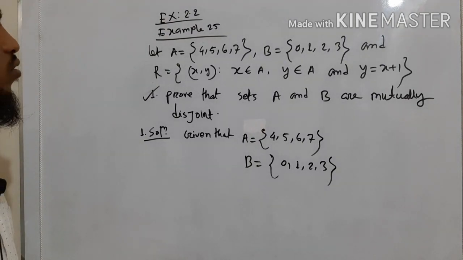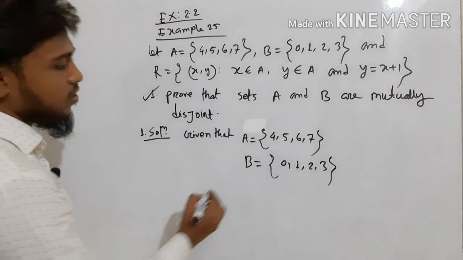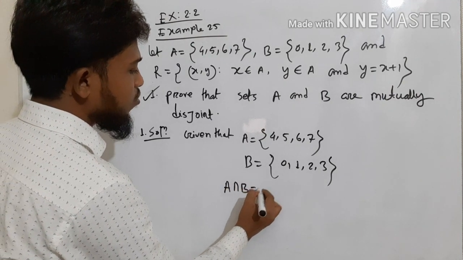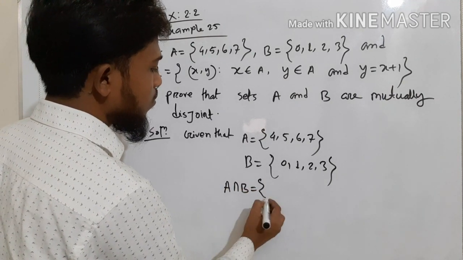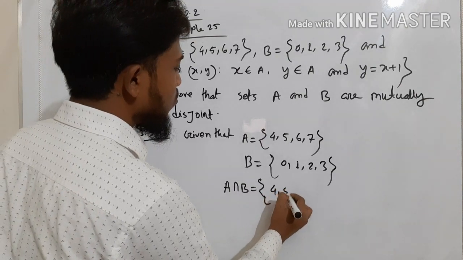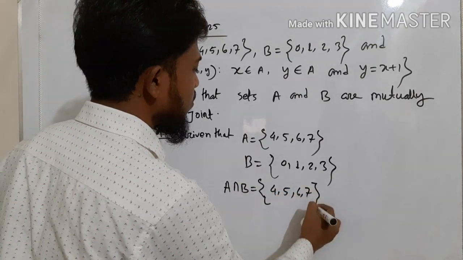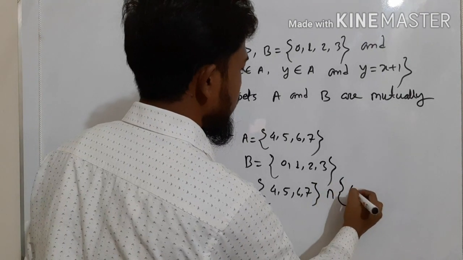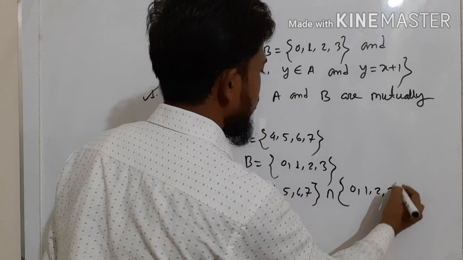According to the definition of disjoint sets, A intersection B equal to {4, 5, 6, 7} intersection {0, 1, 2, 3}.